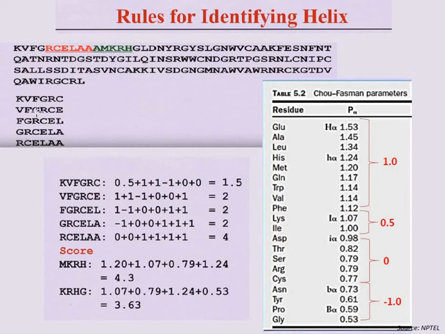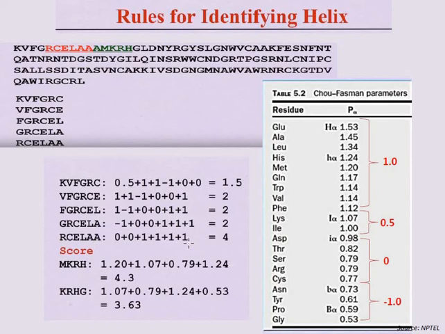Then similarly we skip one amino acid, we start from the second, so that it includes another extra residue. In this way we have VFGRCE. So again we calculate the scores, we have 2, and similarly we start skipping one by one until we reach this particular stretch, which is RCELAA.